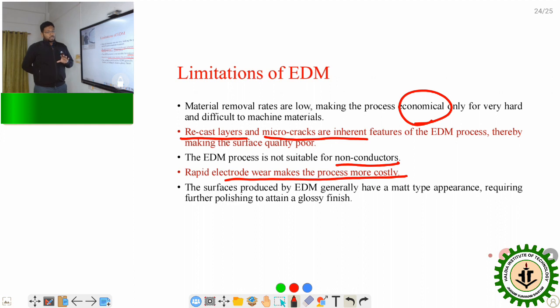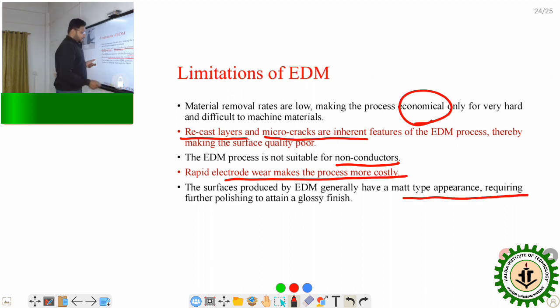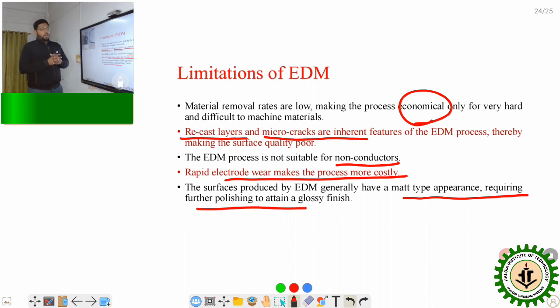This is the main disadvantage. The surface produced by EDM generally has a matte appearance. Sometimes it requires a finishing operation, such as polishing, but not always. These are the disadvantages of the EDM process.